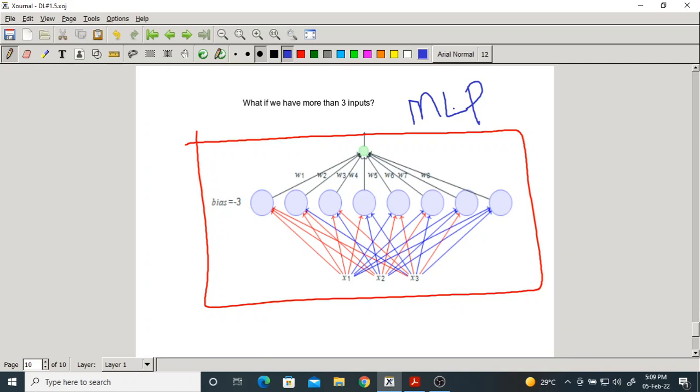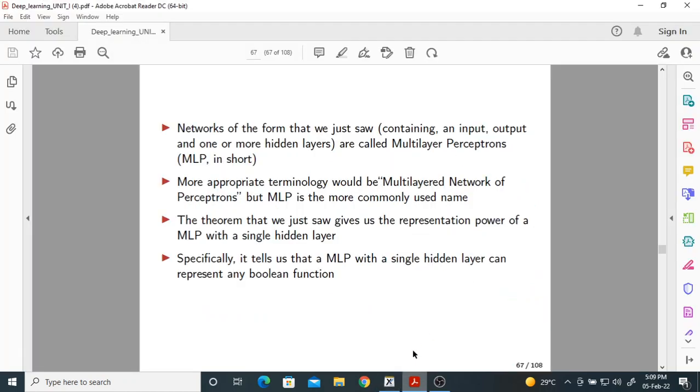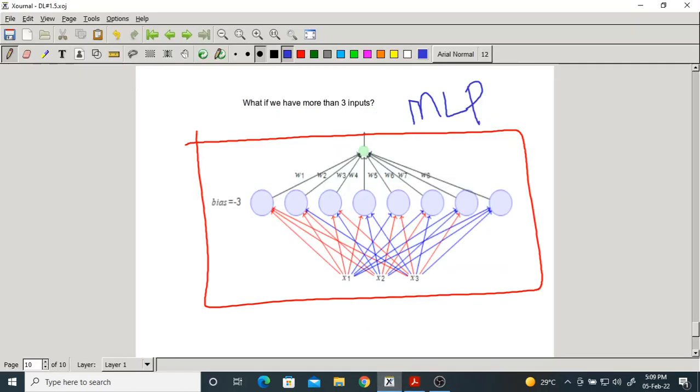Multiple layers are there, that's why it's called multi-layer perceptron. In the shortest form, it's called MLP. Specifically, it tells us that an MLP with a single hidden layer can represent any Boolean function. We have only a single hidden layer.